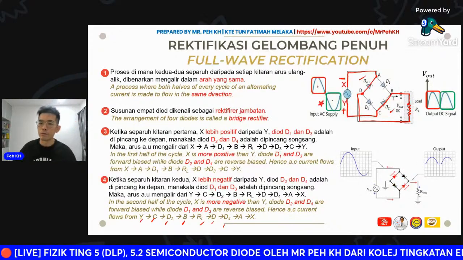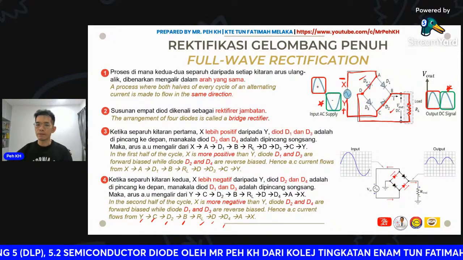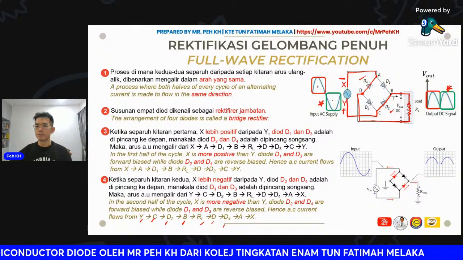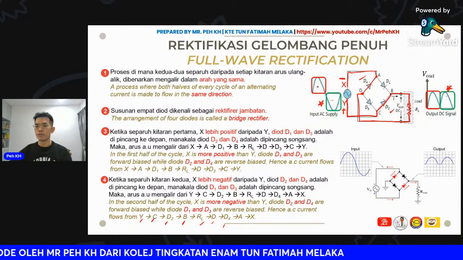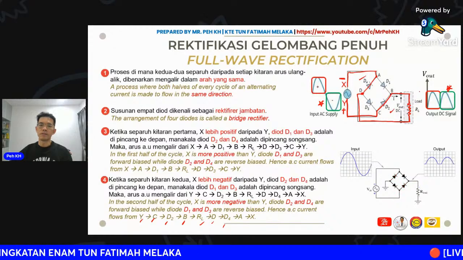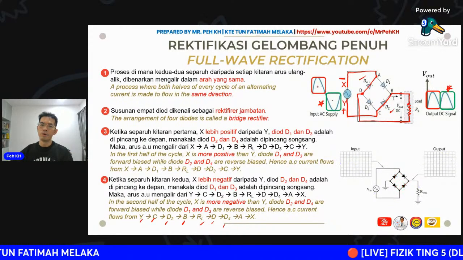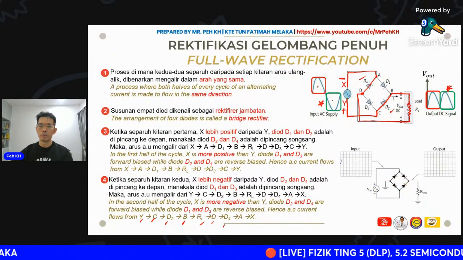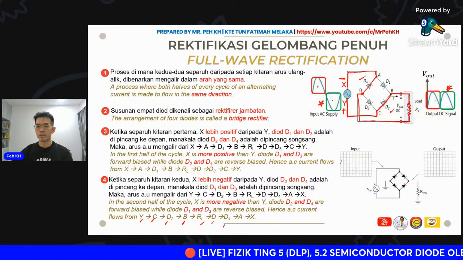So this forms the second peak here, which is also positive. So you may see that both half cycles produce current in the same direction, which is positive.